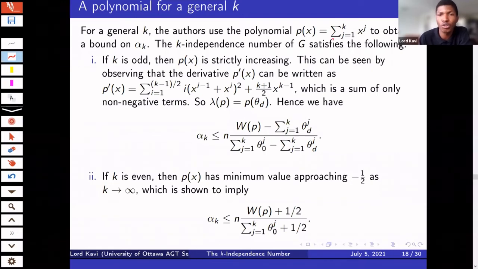So the bound tends to be this. All right. Like I said, this polynomial is not optimal, and it was also not claimed to be optimal. So our goal is, can we get an optimal polynomial for k equals 3?